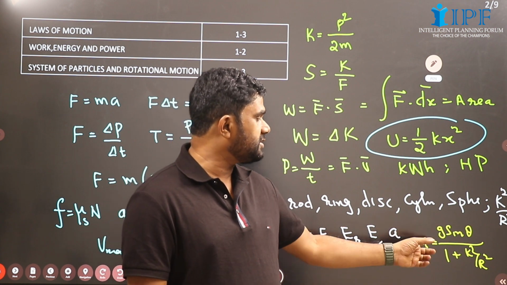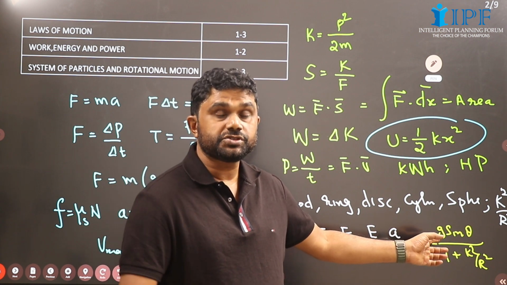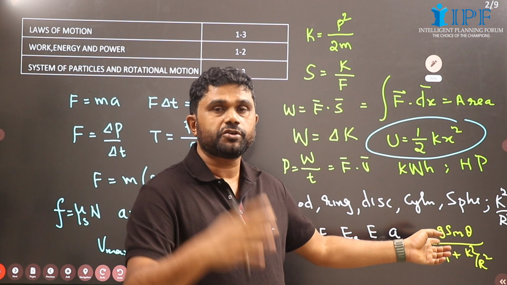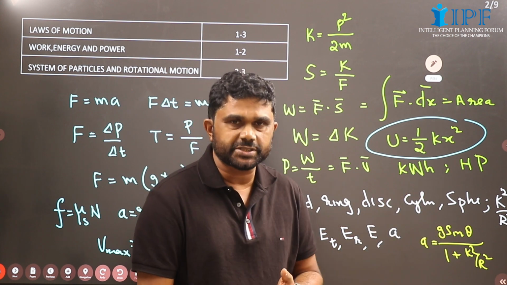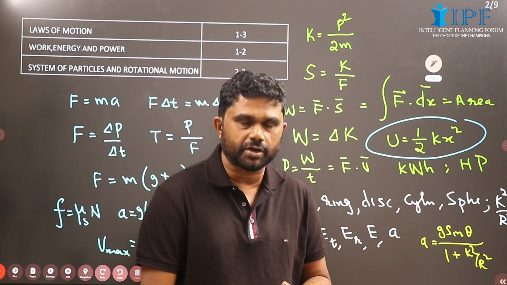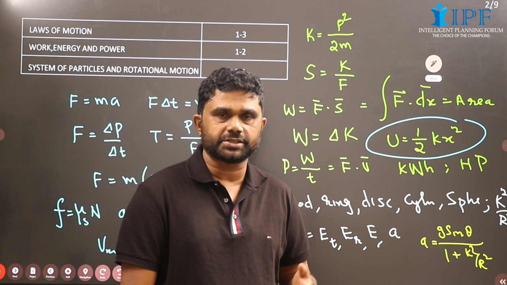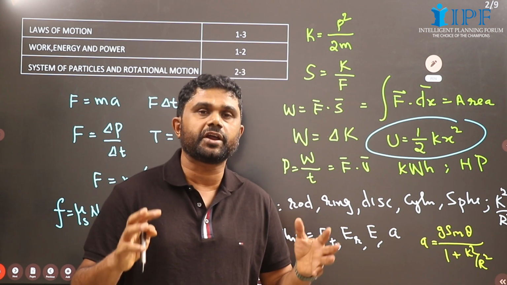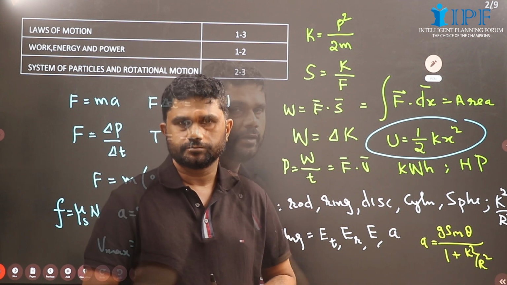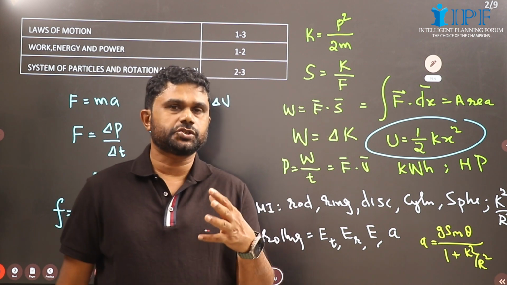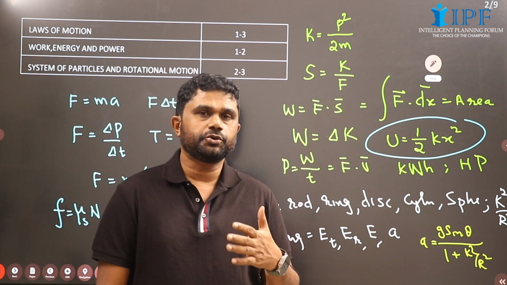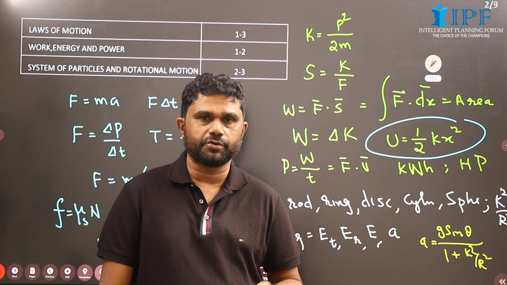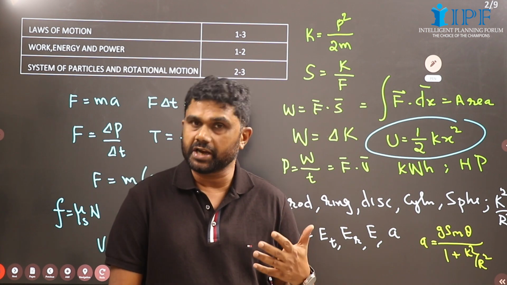Once you get this acceleration, you can use any equation of motion like v equal to u plus at, s equal to ut plus half at square, v square equal to u square plus 2as. All these can be used for a rolling body. From this rolling topic, one question you can expect is the acceleration of a rolling body over a rough inclined plane.